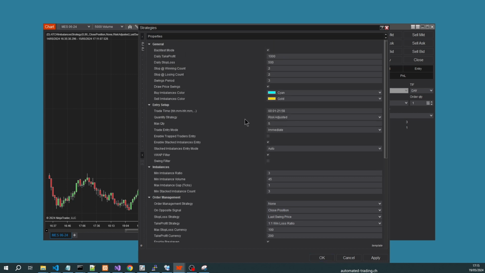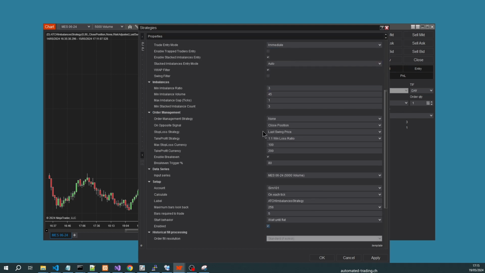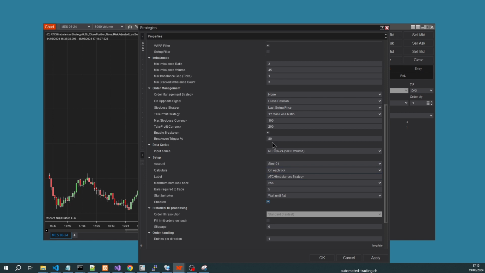Of course, we have the quantity strategy, which is set dynamically using this parameter, which is the risk adjusted. And the risk adjusted method will calculate the required number of contracts so that the stop loss defined by the last swing will be equal to the value defined here, which is $100.